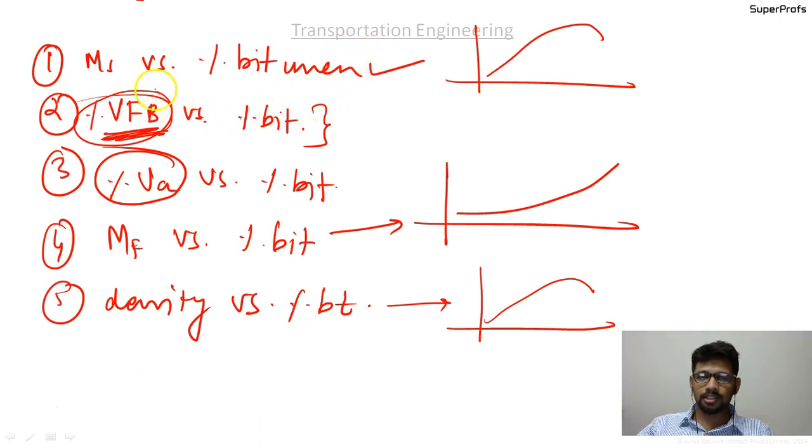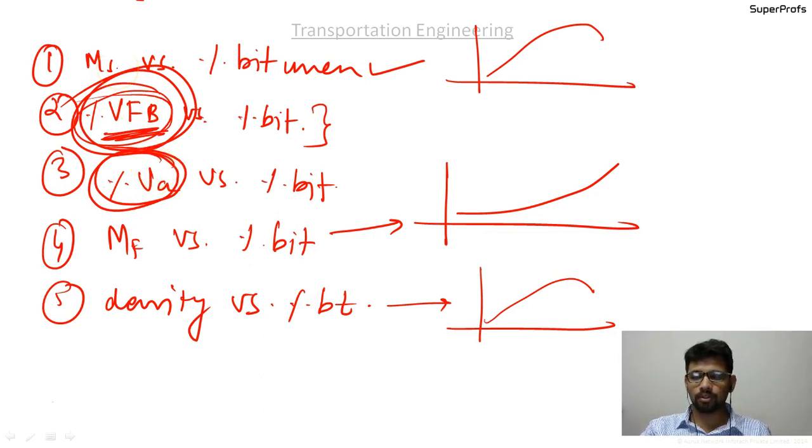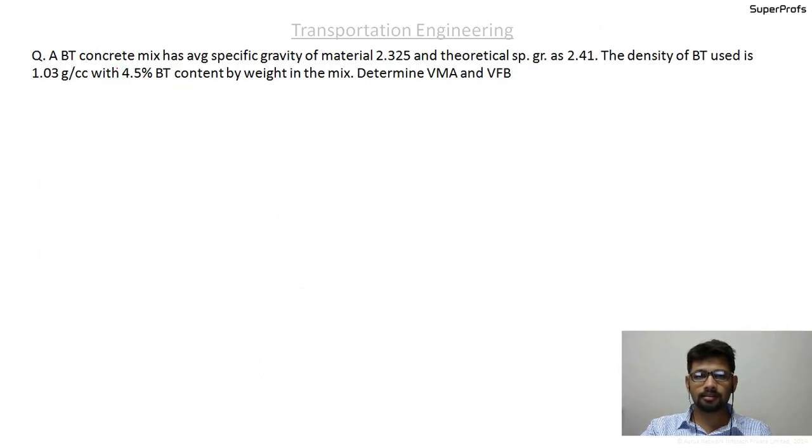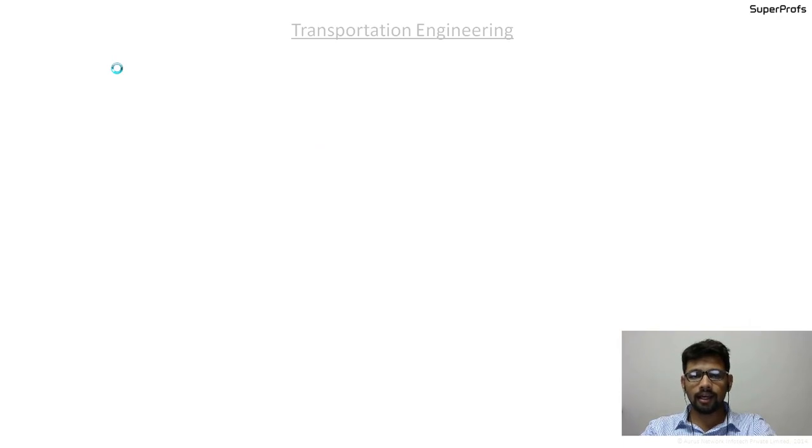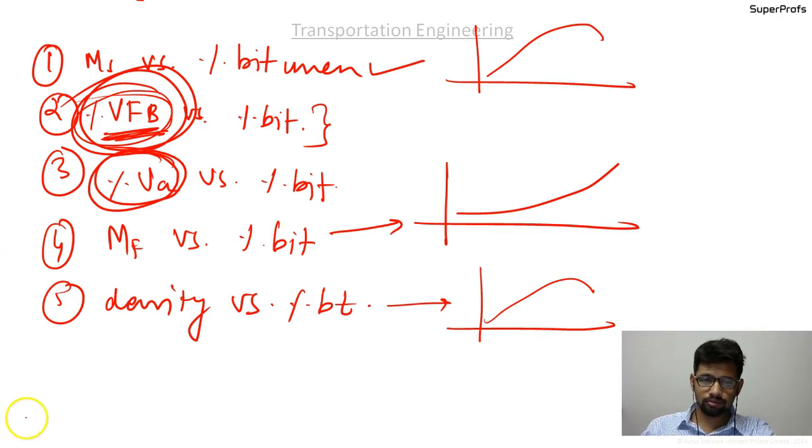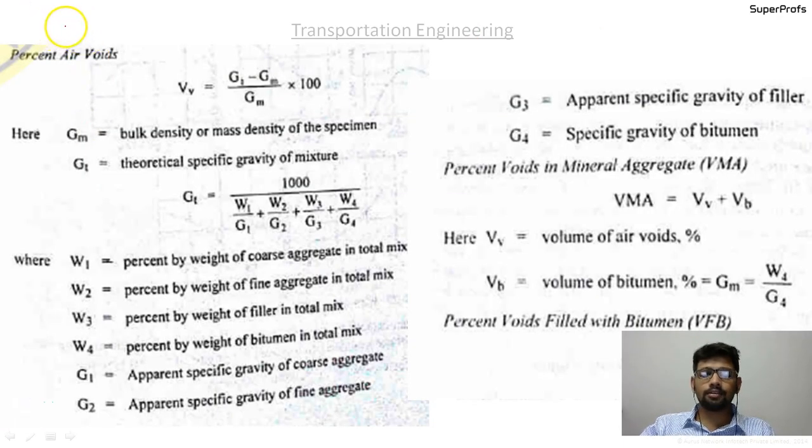In this lecture we will be discussing how to analyze these parameters, the percentage voids filled with bitumen and the percentage air voids. To discuss this, I have a snap from Justo and Khanna in which we will be discussing these terms.